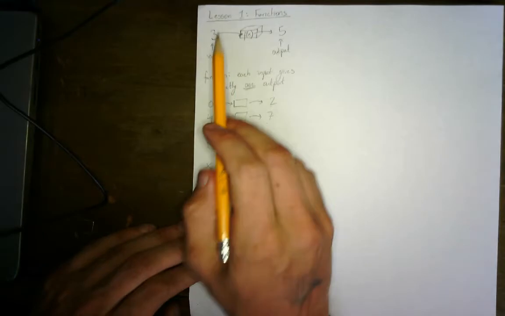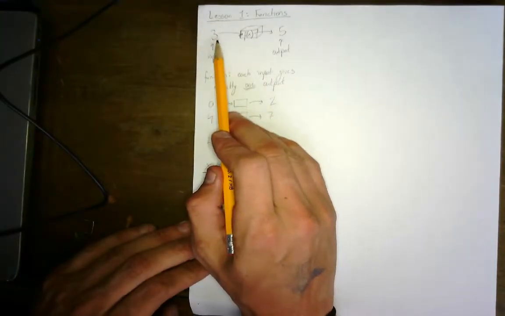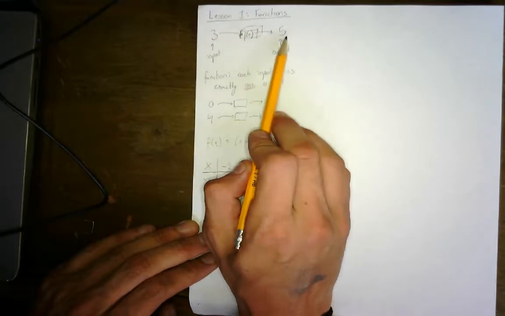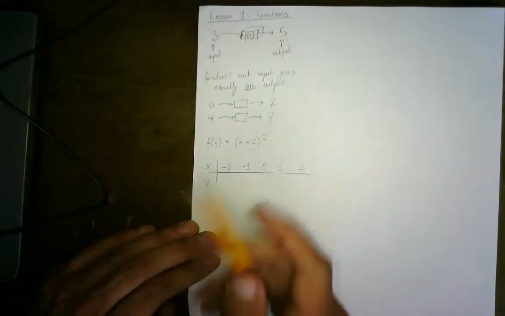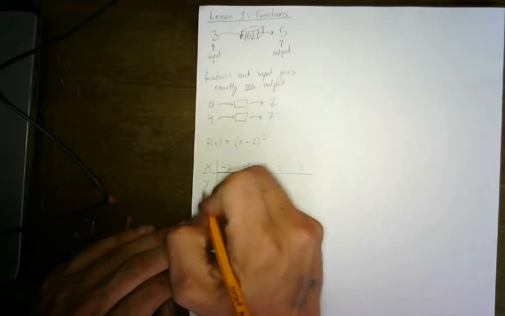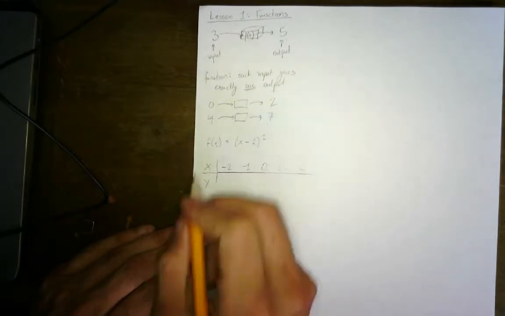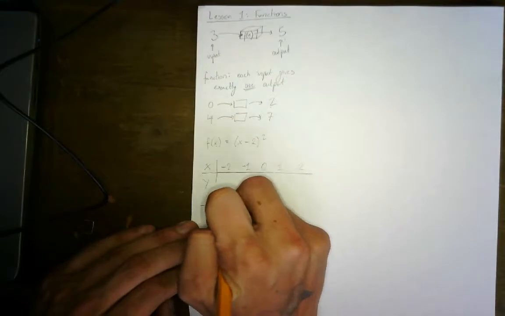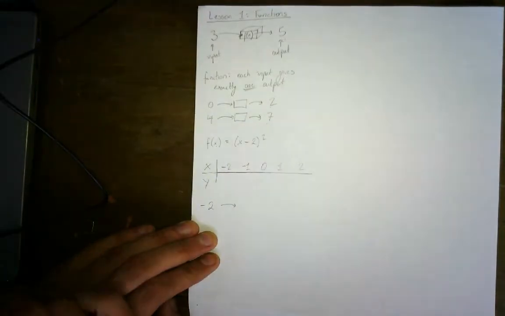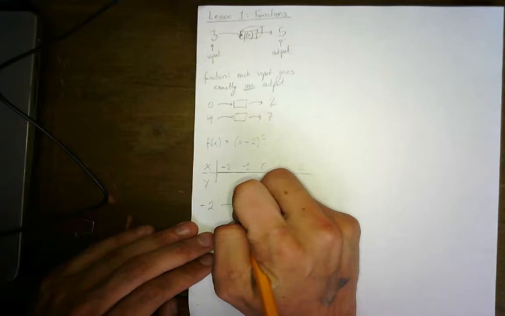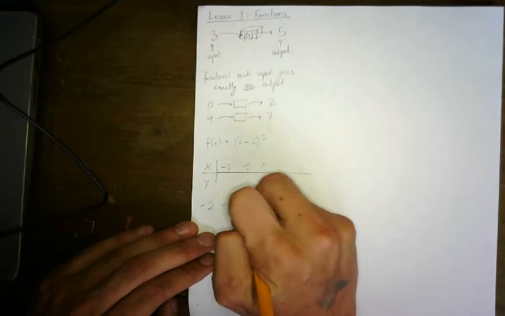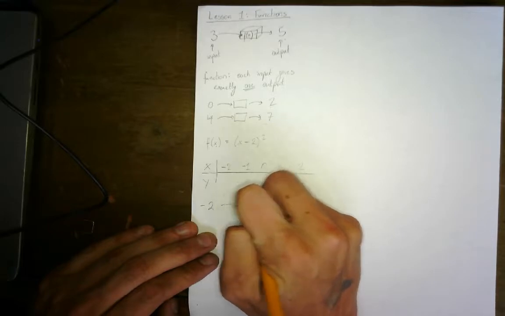Just like up here where we were saying, hey, we have an input 3, we're going to throw it into our function and an output will happen. Well, in this case, what this table is saying is I'm putting a -2 as my input into this function box that's defined by (x - 2)^2.